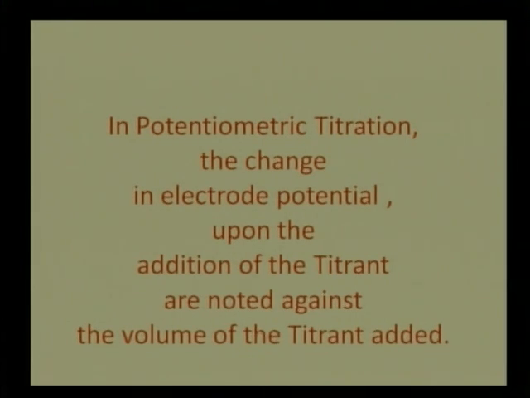In potentiometric titration the potentiometer measures the EMF of the solution. Now what is EMF? EMF is the electromotive force, the transfer of electrons in the solution measured by the electrode, and that particular EMF is measured by the potentiometer.